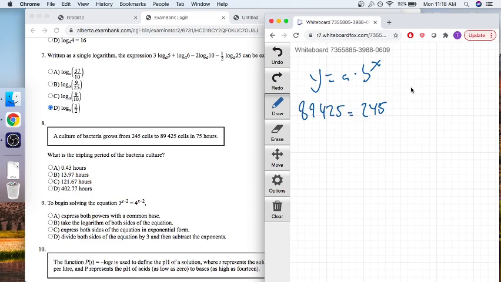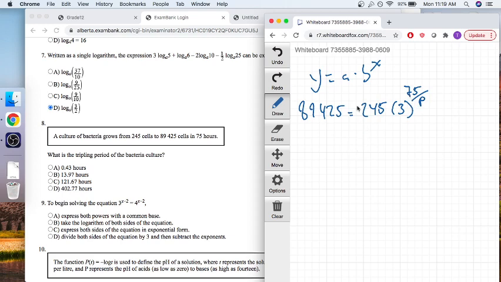Our x is going to be 75. We've got our b, which is 3, and we're going to divide by our, I guess, tripling period. Yeah, let's try that.